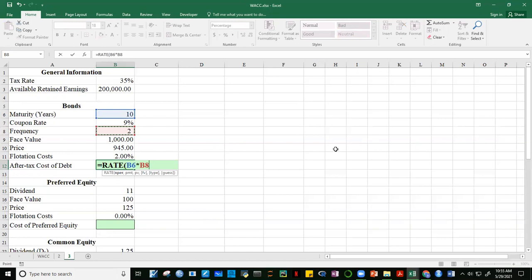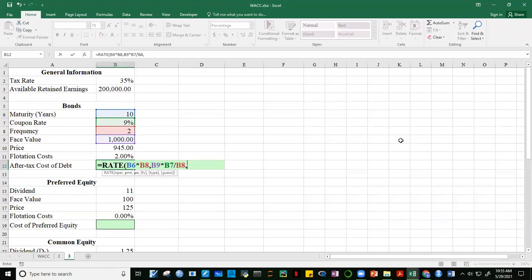No? So 20 periods tayo kasi semi-annual eh. Kaya PMT, what's our PMT? Our face value multiplied by our coupon rate, okay? Then we have to divide this by 2. Right? So yung interest natin is 9% times 1,000, but divide by 2 kasi twice a year magbibigay ng interest.